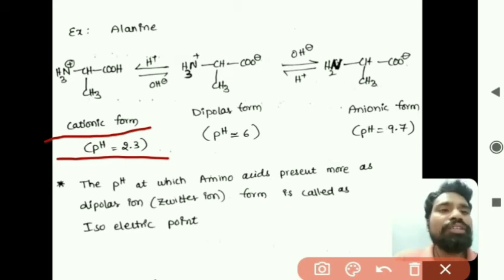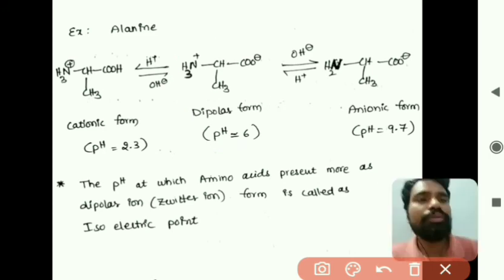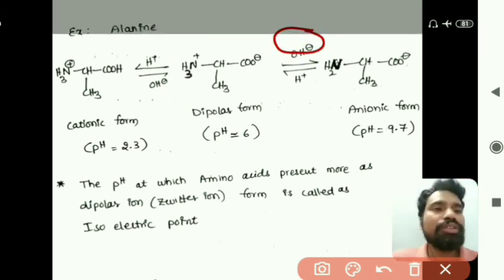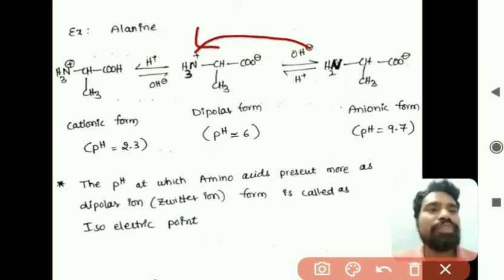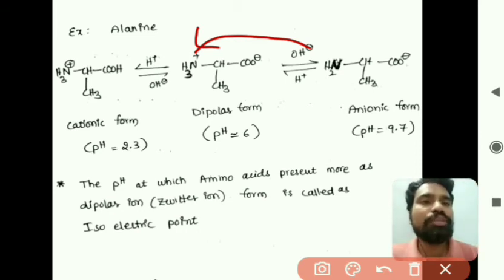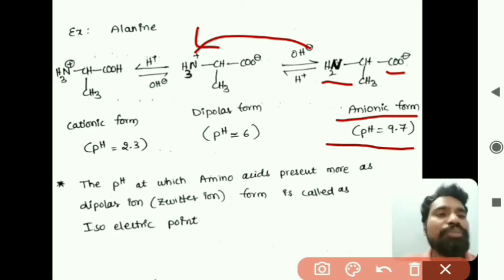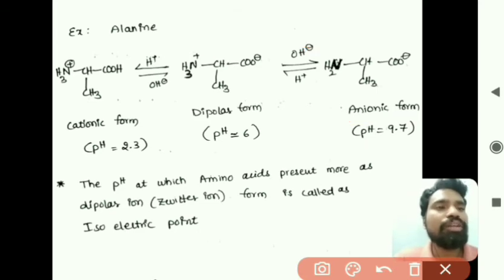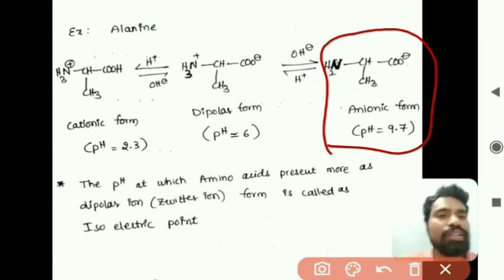Now take the same alanine, that is dipolar alanine, in basic medium. As a base is there, this base will take H plus ions from the NH3 plus group, and it leaves as water. Then that NH3 plus will become NH2, then CH3 COO minus, right. So this is the anionic form, when the pH is 9.7, nothing but in the basic medium, this alanine exists in the anionic form, right.